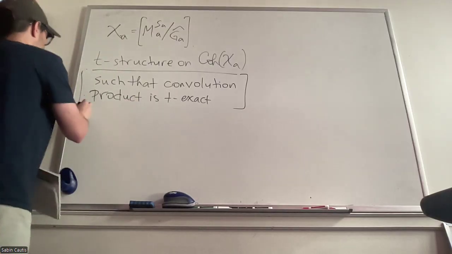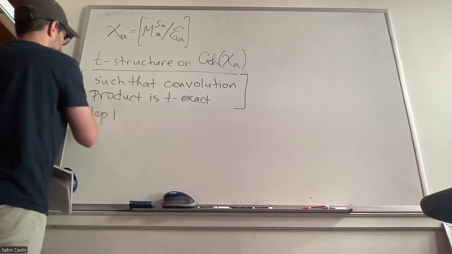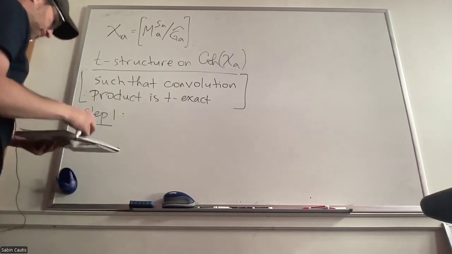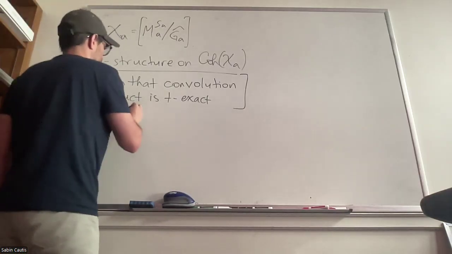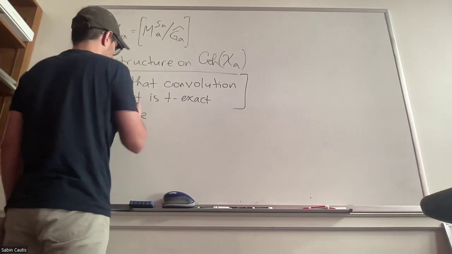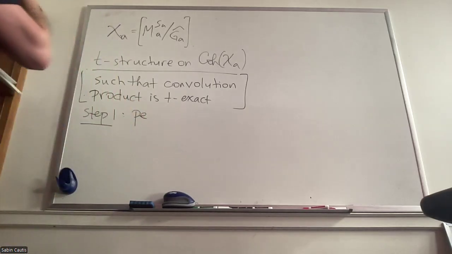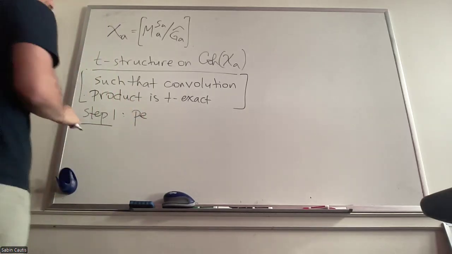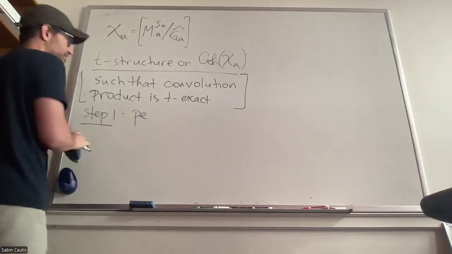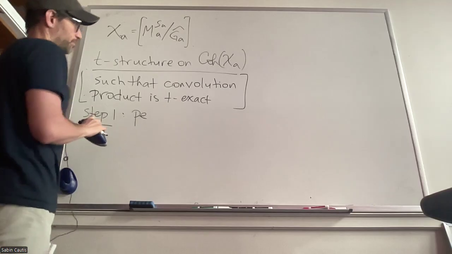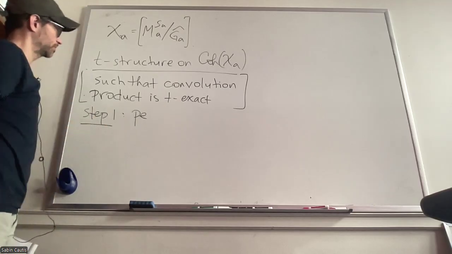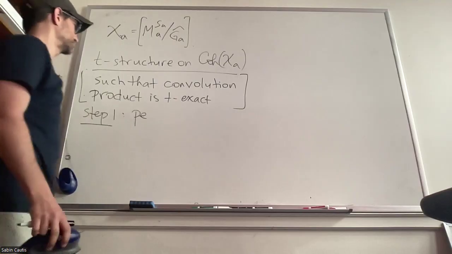Okay, so the procedure is in 3 steps. The first step: I should say that this construction is essentially the same as the construction that Harold Willens and I did for the category associated to Coulomb branches.